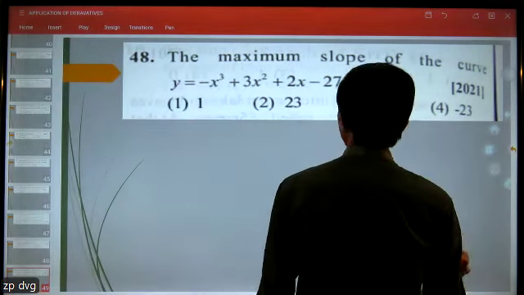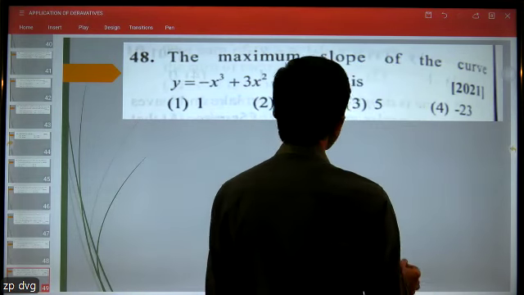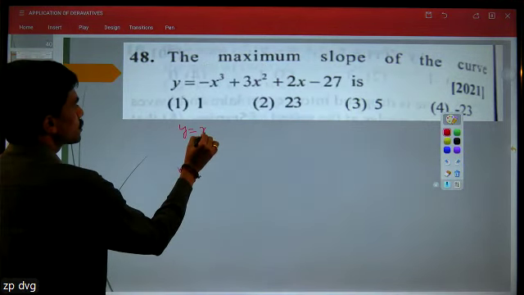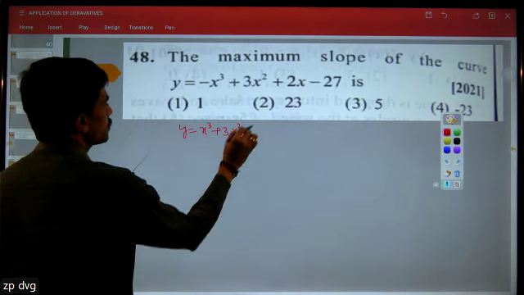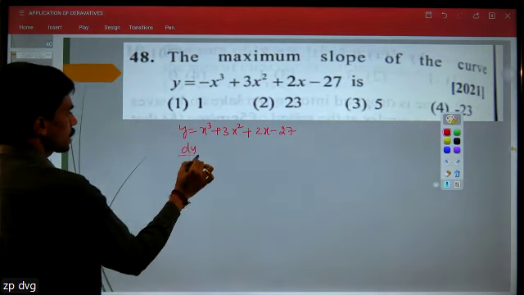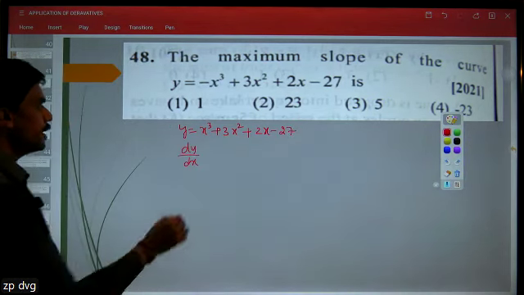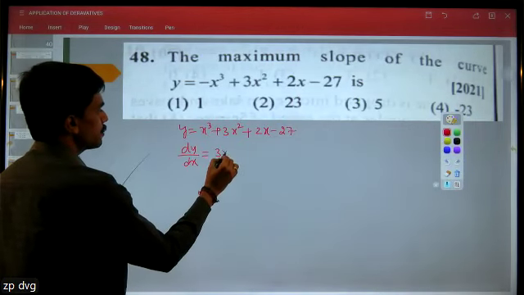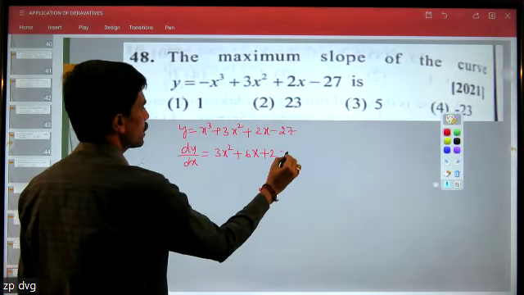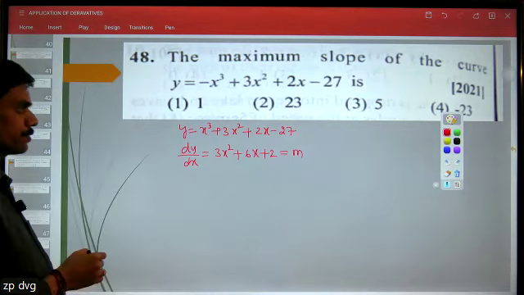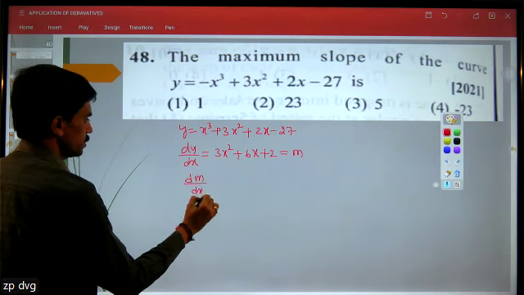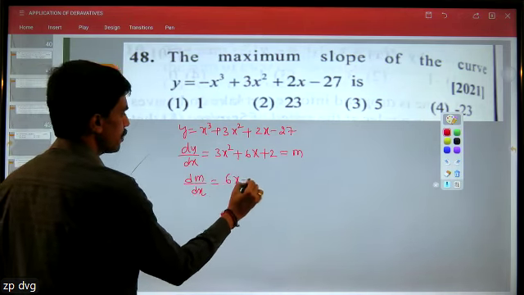The given curve is y is equal to x cube plus 3x square plus 2x minus 27. dy by dx equal to 3x square plus 6x plus 2, nothing but m, the slope. So again differentiate with respect to x. We get dm by dx is equal to 6x plus 6.